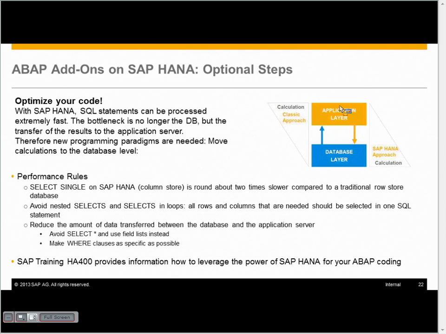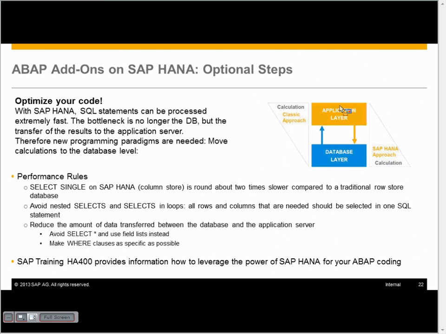There are some performance rules that apply. You should avoid select single on SAP HANA, since that is quite slow. You should avoid nested selects or selects in loops. And you should reduce the amount of data that is transferred between database and application.